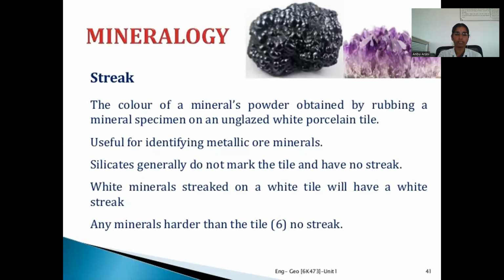That is streak. It is the color of a mineral's powder obtained by rubbing a specimen on an unglazed white porcelain tile. Useful for identifying metallic ore minerals. Silicates generally do not mark the tile and have no streak. White minerals on a white tile will have a white streak. Any mineral harder than the tile has no streak.